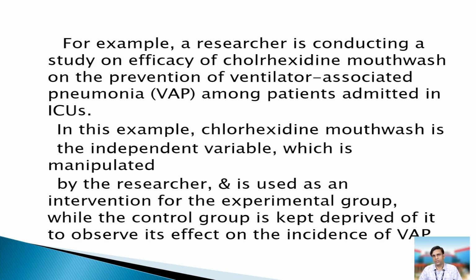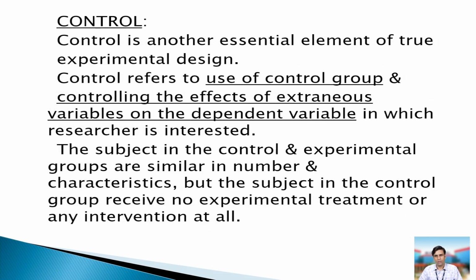Now the another characteristic of true experimental research design is control. It is an essential element of true experimental research design as it refers to the use of a control group. As we have already discussed, there are usually two groups in true experimental studies, the control group and the experimental group. So this control group is one of them.